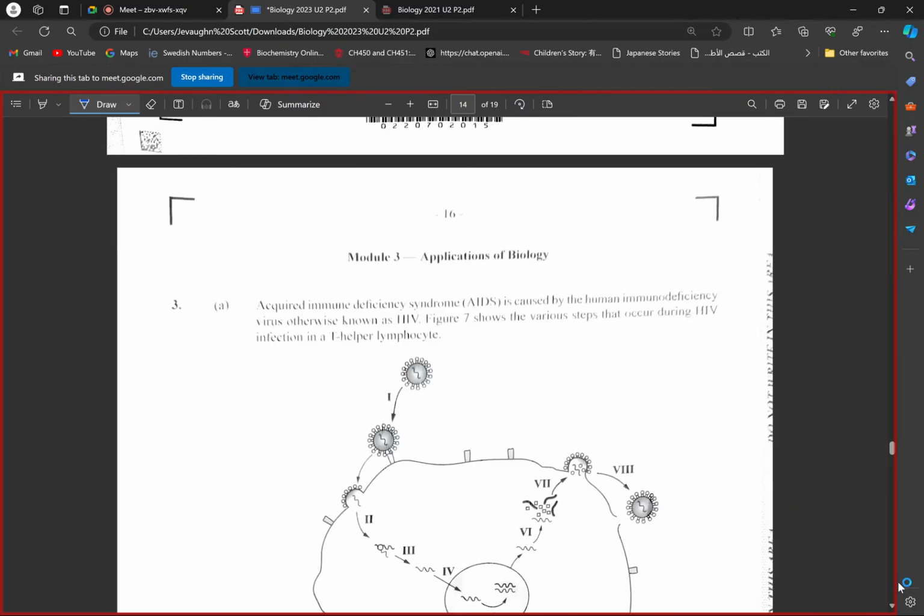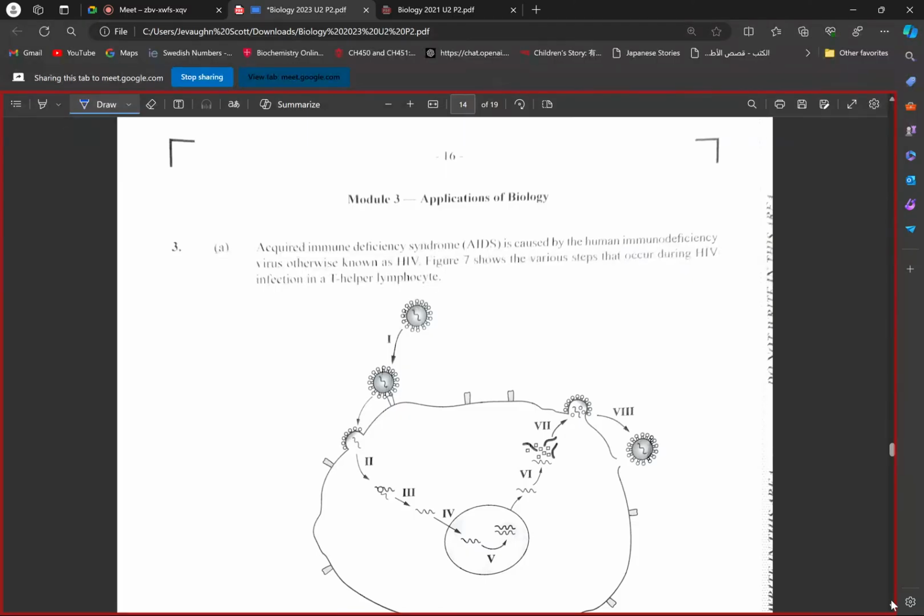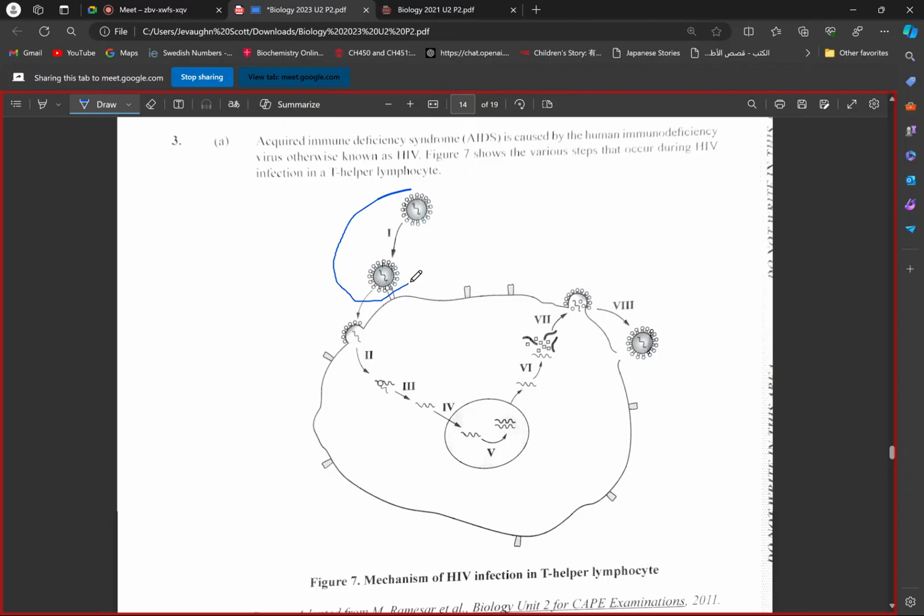I would probably choose section 1, binding to the protein and entering into the cell. That is generally the main one. Then the genetic material, the capsule breaking down, and the genetic material entering into the nucleus.